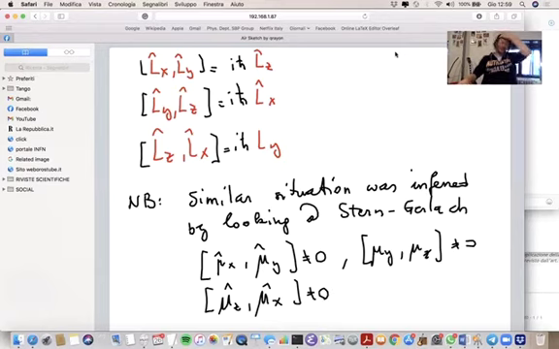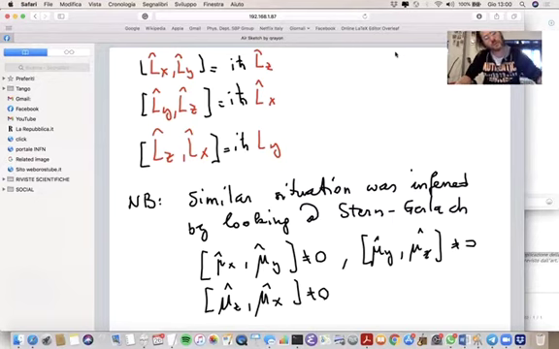Now, we did not infer the value of this commutator just by looking at the results. But also in that particular case, we were noting that it was never possible to measure any pair of components of magnetic moments with infinite accuracy. So similar commutation relationships and uncertainty relationships are to be expected.